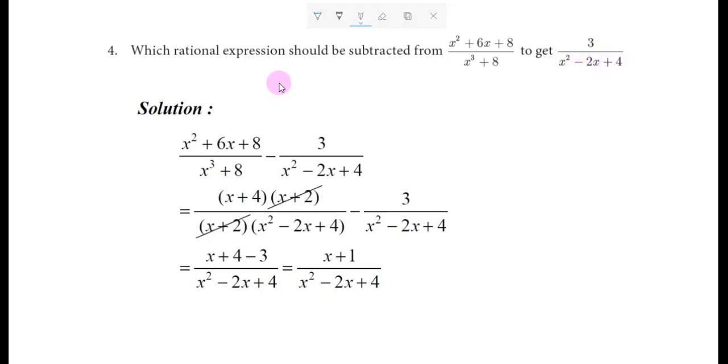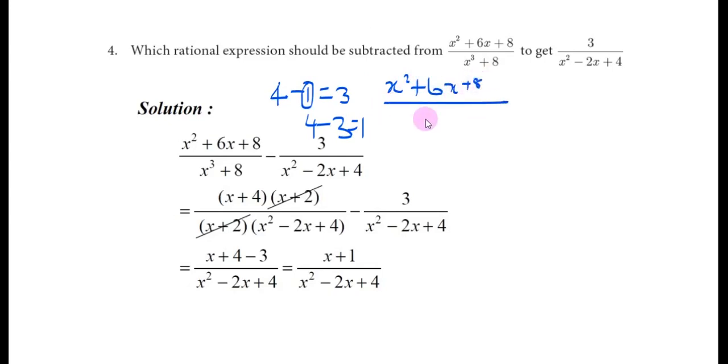Okay. Now what is that? 4 minus 1 equal to 3, we know. If we need 1, then 4 minus 3 equal to 1. Am I right? The same concept here. We should subtract one rational expression from this one, (x square plus 6x plus 8) divided by (x cube plus 8).